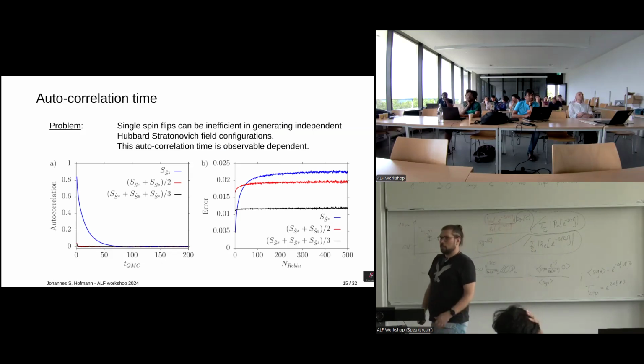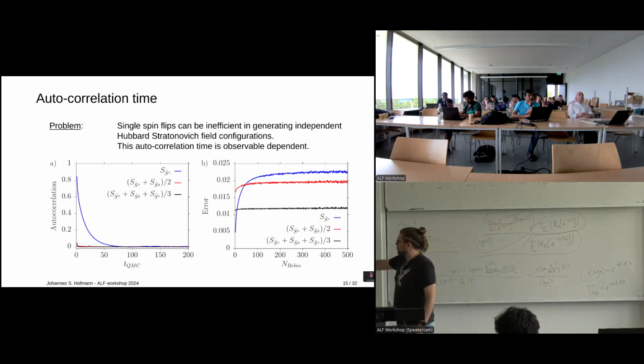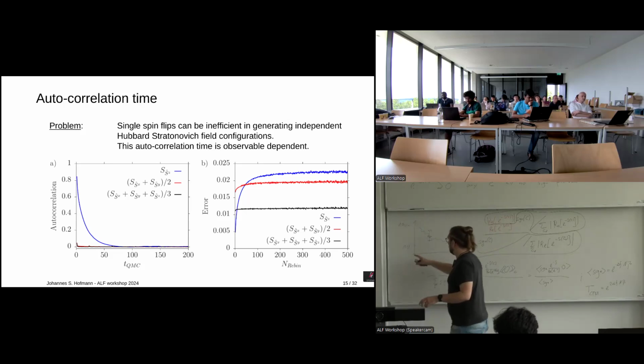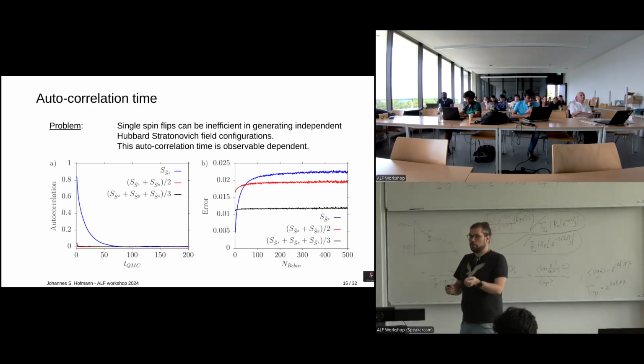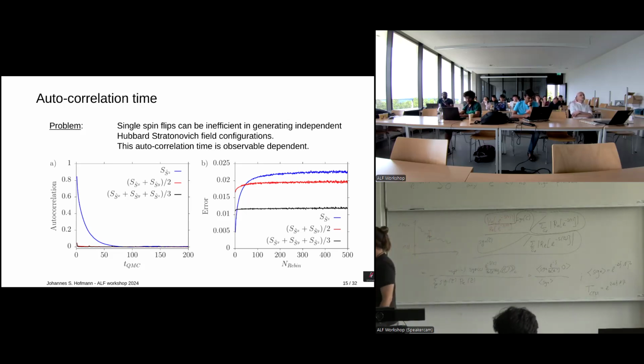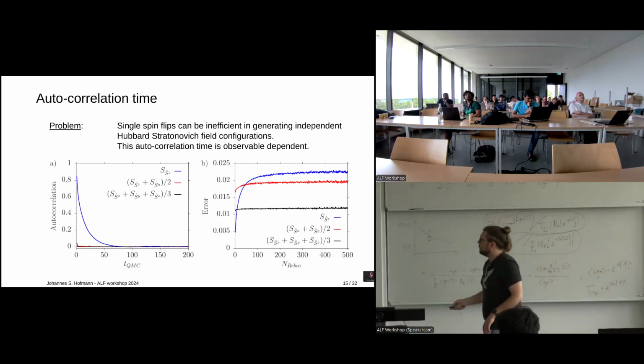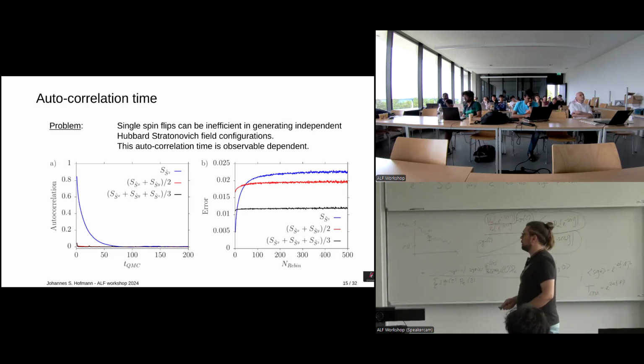And the error typically behaves such that if your rebinning is too short, the data points are correlated, you think you have more information than you actually have, and you get an error bar which is too small. You start the rebinning, you get a better handle on how much information you actually have in your Markov chain, and the error should at some point converge. So this is one indication of how you can easily test with a PyALF tool whether there is an autocorrelation problem or not.